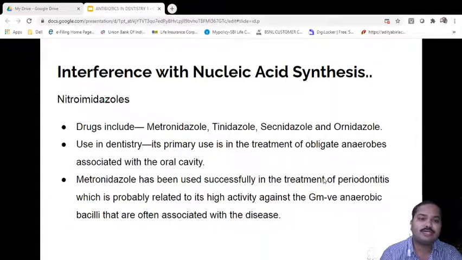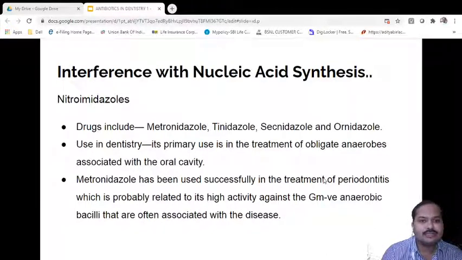So the concurrent administration of metronidazole and amoxicillin or Augmentin has been used with success in the treatment of periodontal diseases in children or in various types of periodontal infections where Actinomycetemcomitans is also associated.